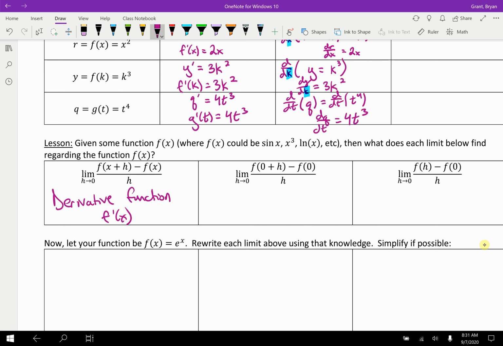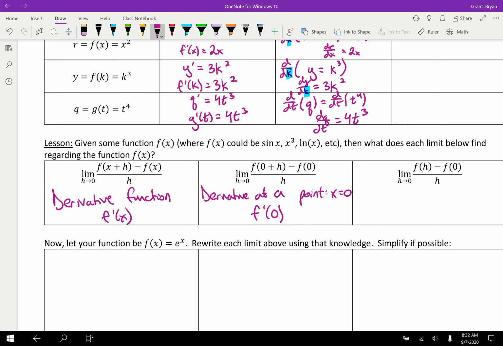However, this one has taken that same thing but then replaced the x with 0. So now I think this is going to find the derivative at a point, and in particular the point when x equals 0. And so we would notate that as f prime of 0. Right?